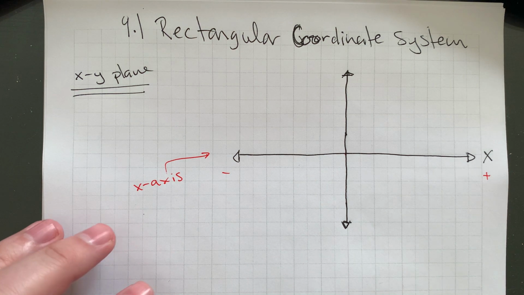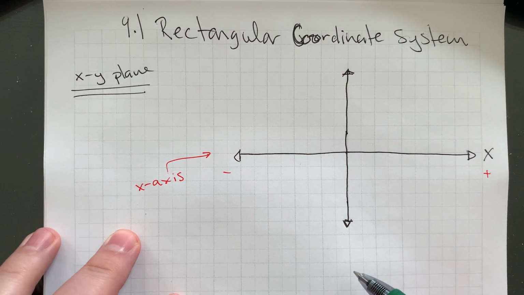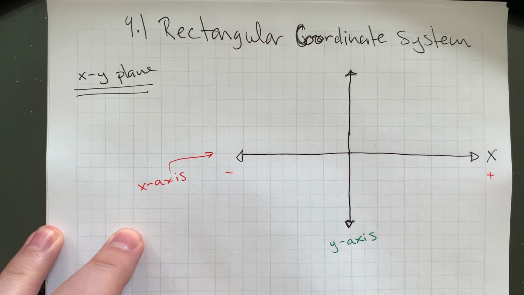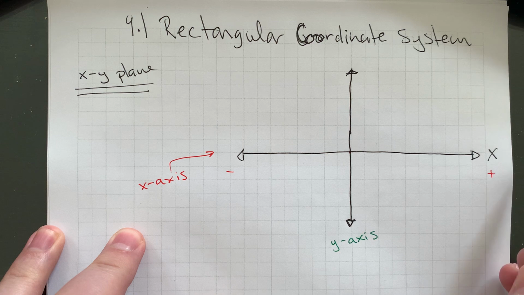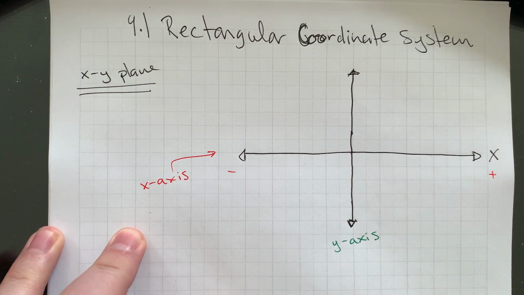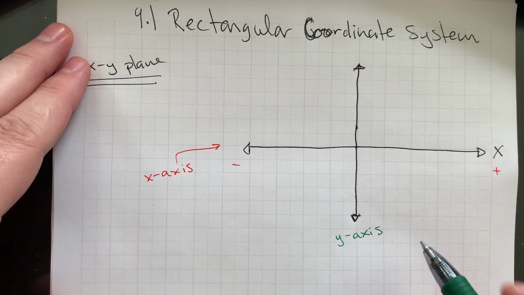This is then crossed with what we'll call the y-axis. So that's the vertical axis. So the x is a horizontal number line. The y-axis, again, it's just numbers. But now it's vertical. And so by crossing the x and y axis, you've created this two-dimensional space that's broken up into 4 quadrants.